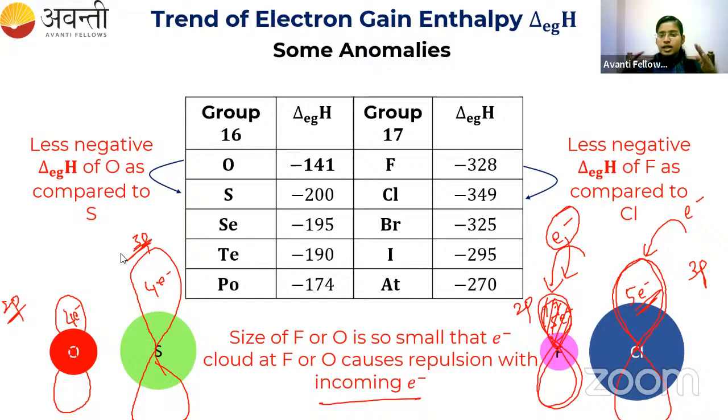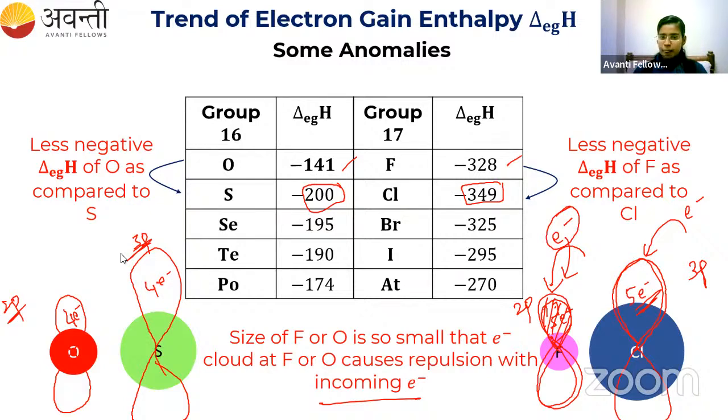Clear? You can easily add an electron to the one which has the largest space compared to the one which has the smallest space. That's why the value is very low for fluorine and oxygen and very high for sulfur and chlorine. If the value is very high, I told you that we can easily add an electron. Clear for all of you?